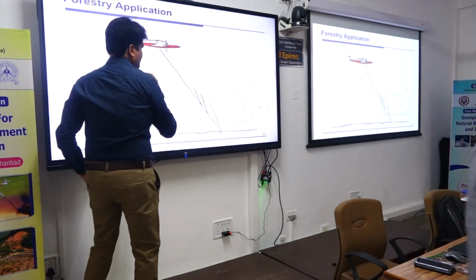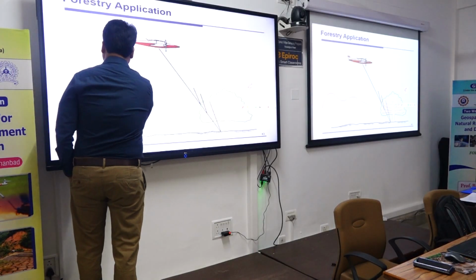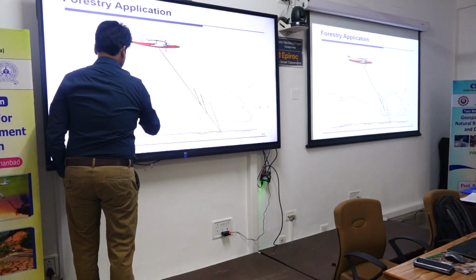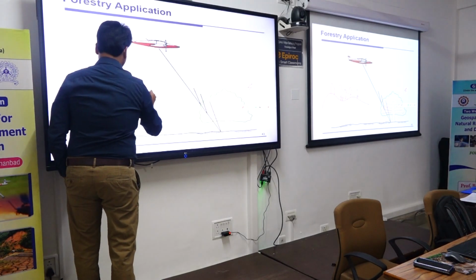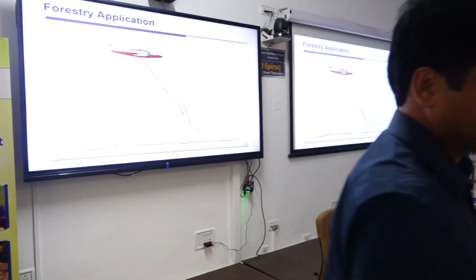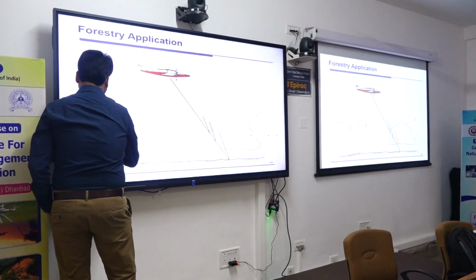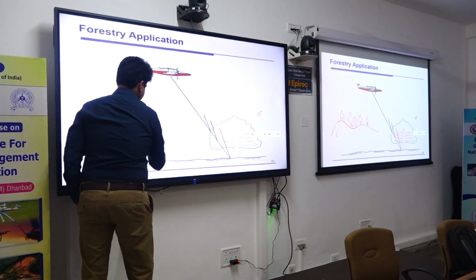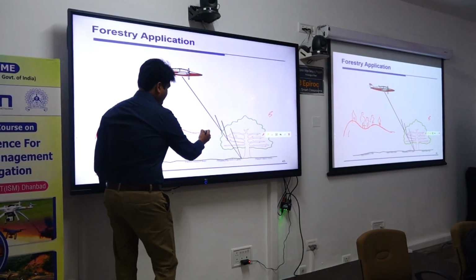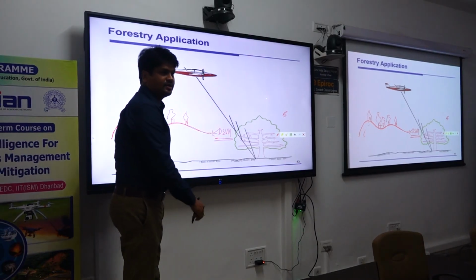So, what I was talking about: digital surface model and digital terrain model. So, let's look at it like this. Okay, let's say this is the terrain. You have different features that exist. Okay, so the bare earth, that means removing all the artificial features, right? That is what you call the DSM, digital surface model.